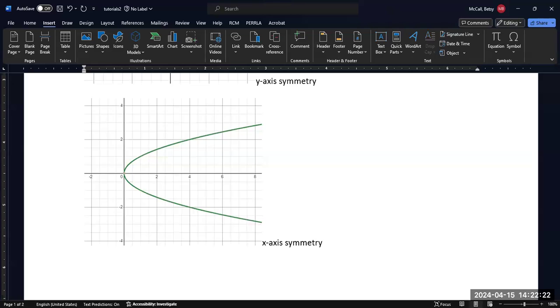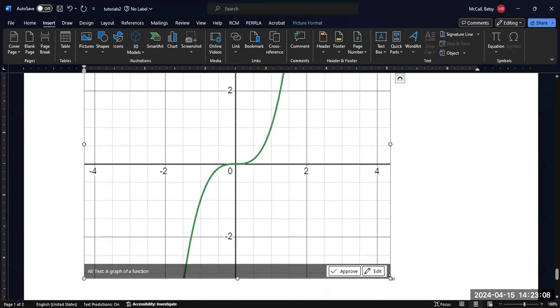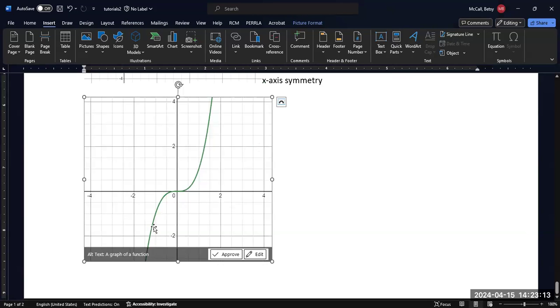And we also have origin symmetry, so let's look at that. Now, origin symmetry can happen one of two ways. So you can have a situation like this where both your x coordinate and your y coordinate change sign as you switch over from the first quadrant to the third quadrant.